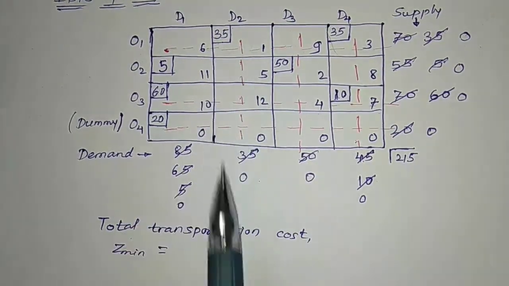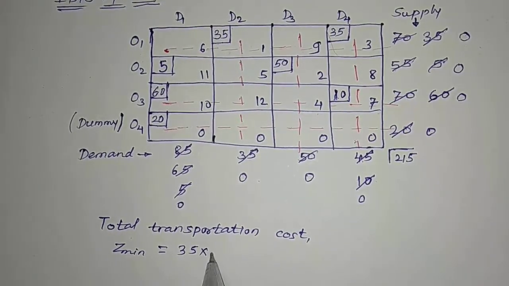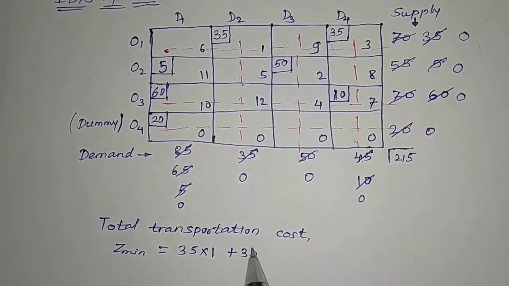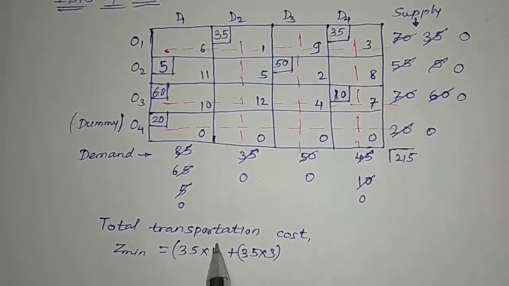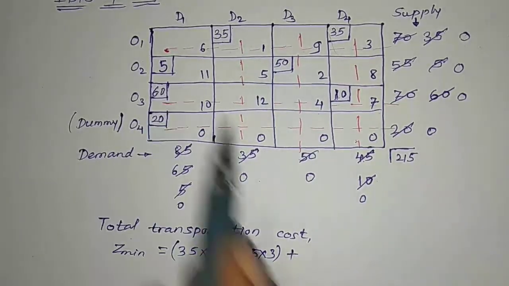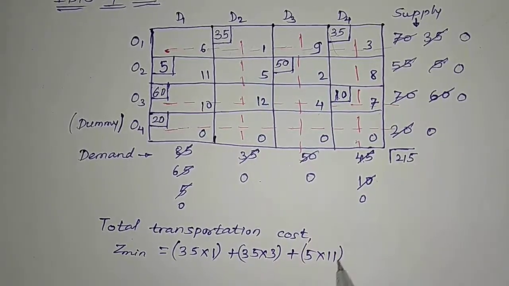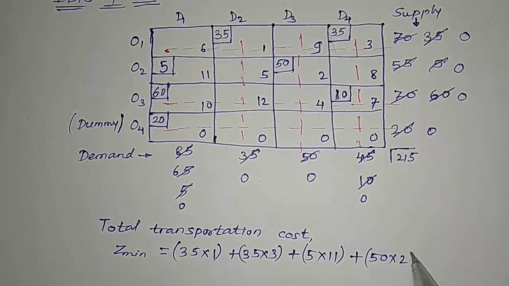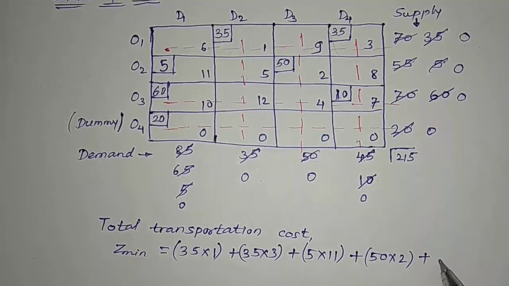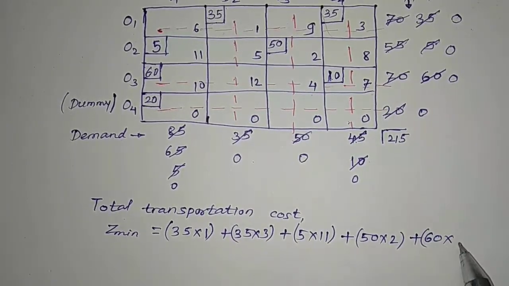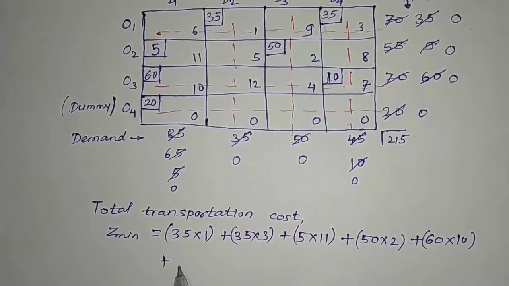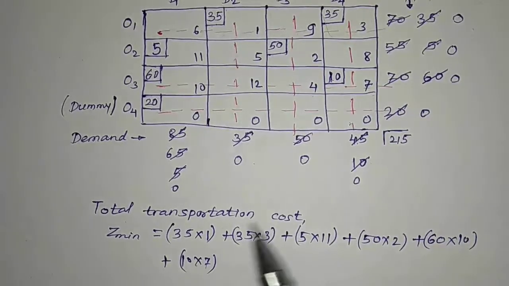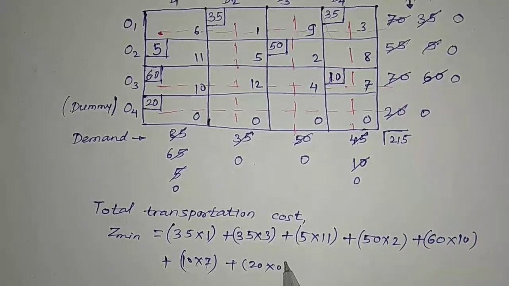So therefore 35 into 1 plus 35 into 3 plus 5 into 11 plus 50 into 2 plus 60 into 10 plus 10 into 7 plus 20 into 0.